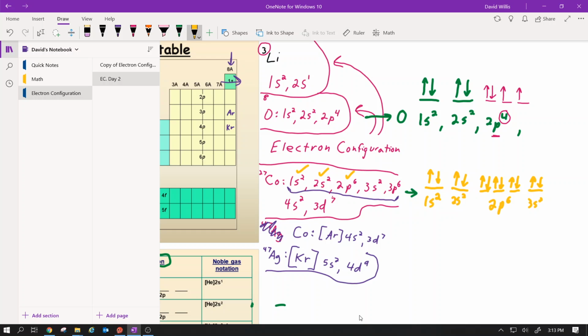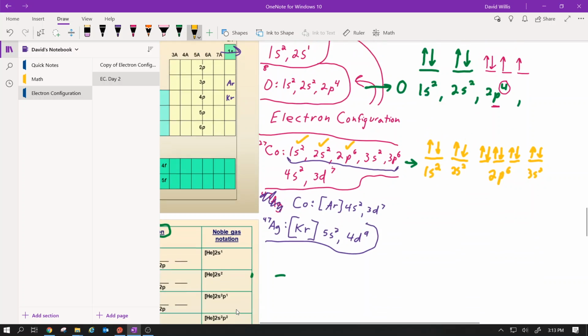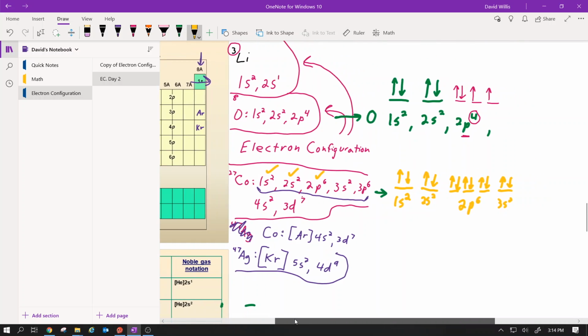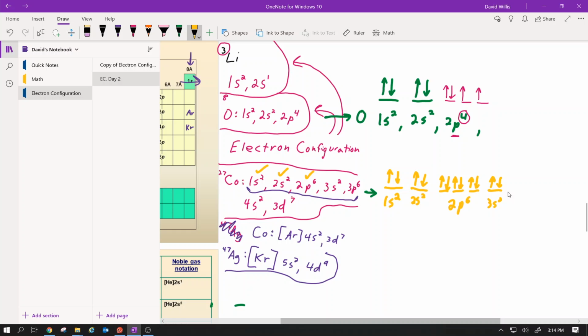3p6: 1, 2, 3 orbitals, all of that represents 3p6. Up, up, up, and I should do it the right way, Diego, down, down, down. All right, 3p6. 4s2: up, down.